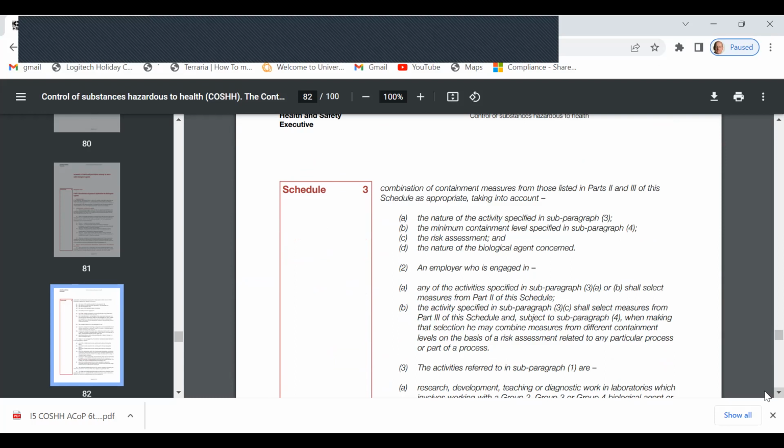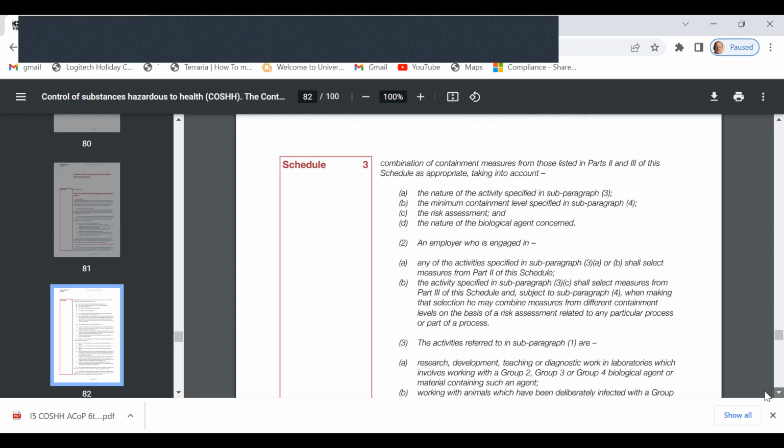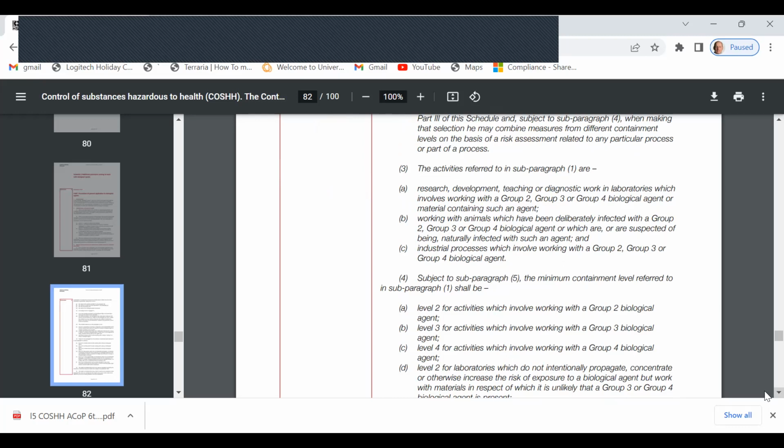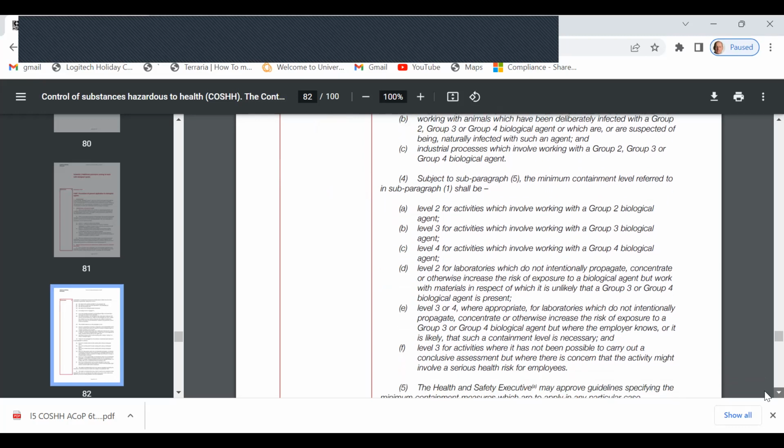And in some respects, you could argue the licensing requirements to comply with handling of groups 2, 3, and 4. So the nature of the activity, the containment levels, the risk assessment, and the nature of the biological agent concerned. So all those aspects are vetted in order to gain approval from the Health and Safety Executive to handle these biological agents in a safe manner.